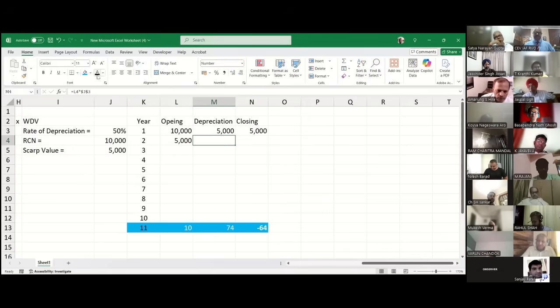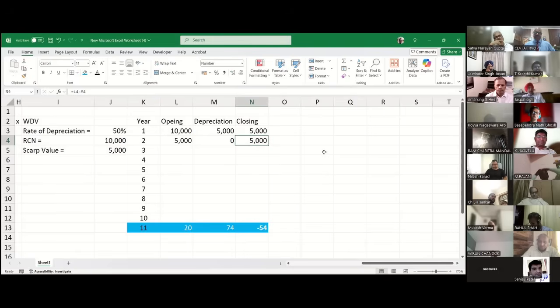5,000. Depreciation 2,500. 2,500. It became zero. Why? Your scrap value is 5,000, that you have achieved. You have to not depreciate your asset below your scrap value.